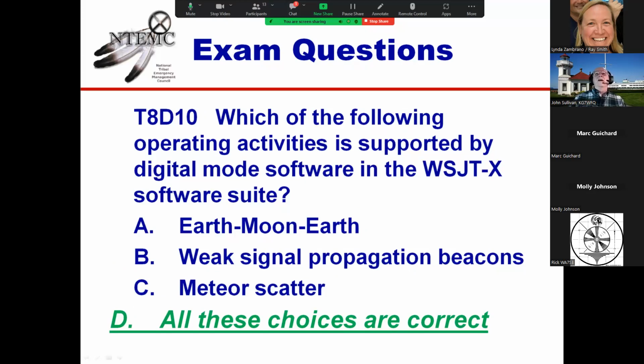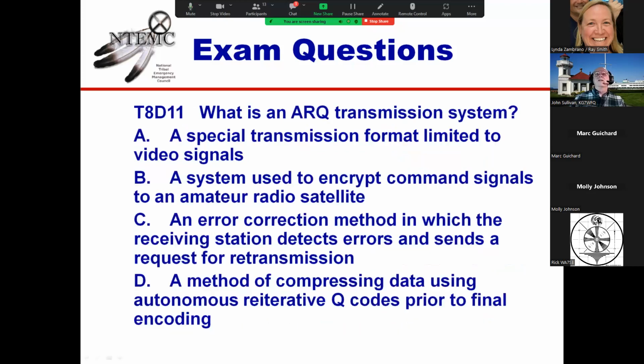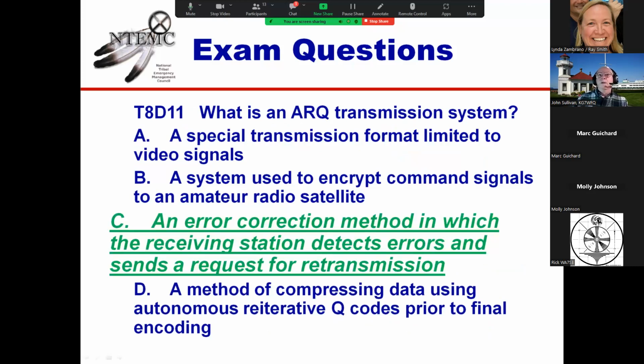What is an ARQ transmission system? Remember we said that ARQ was an automatic repeat query. So it is an error correction method in which the receiving station detects errors and sends a request for retransmission. ARQ is automatic repeat query.